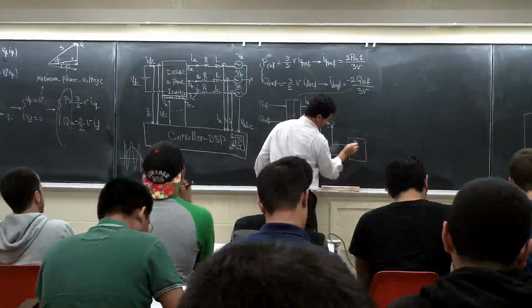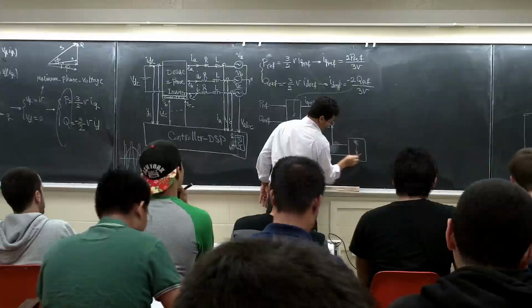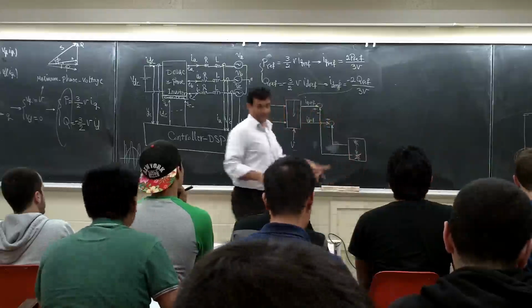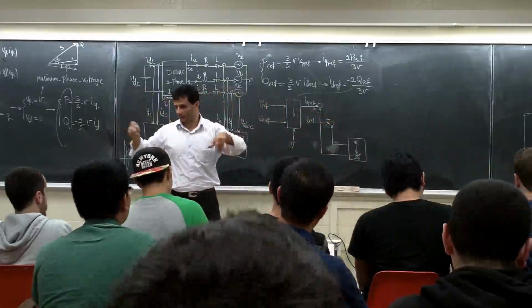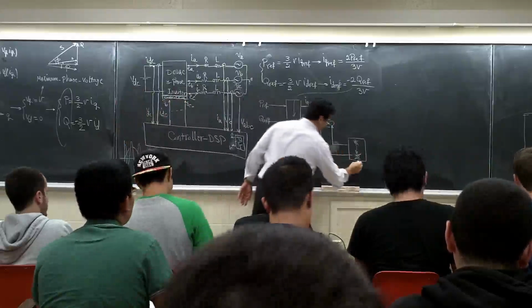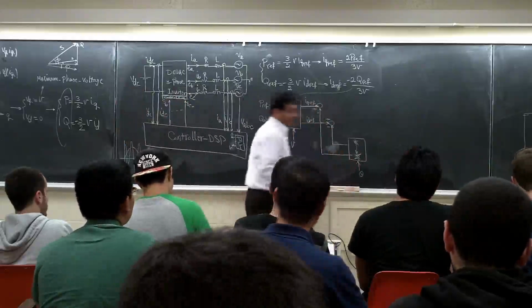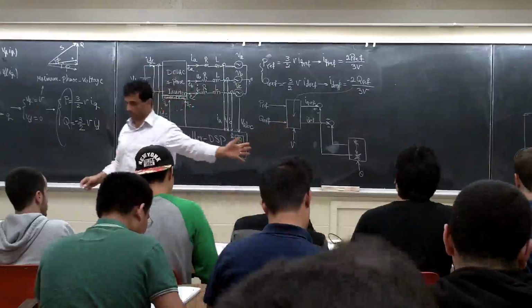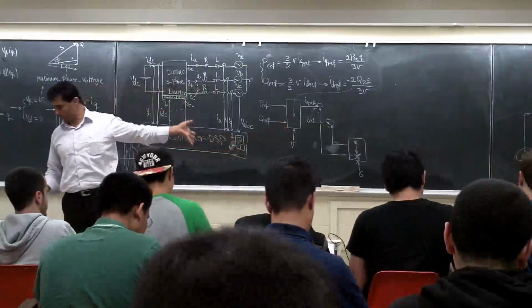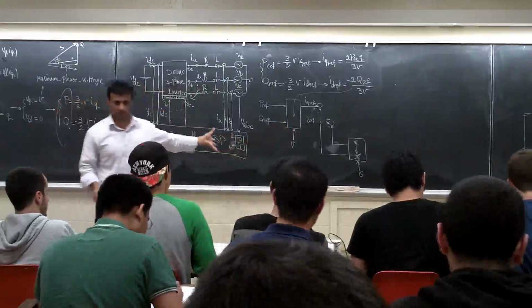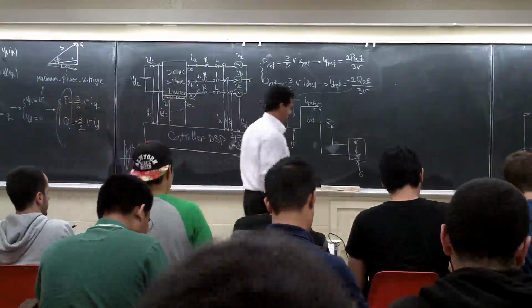This is the ABC to DQ. This is the C matrix we have, right? And it has a theta input also, because you need the sine theta, cosine theta for all those calculations. This is the matrix we calculated in the previous class, last Thursday.